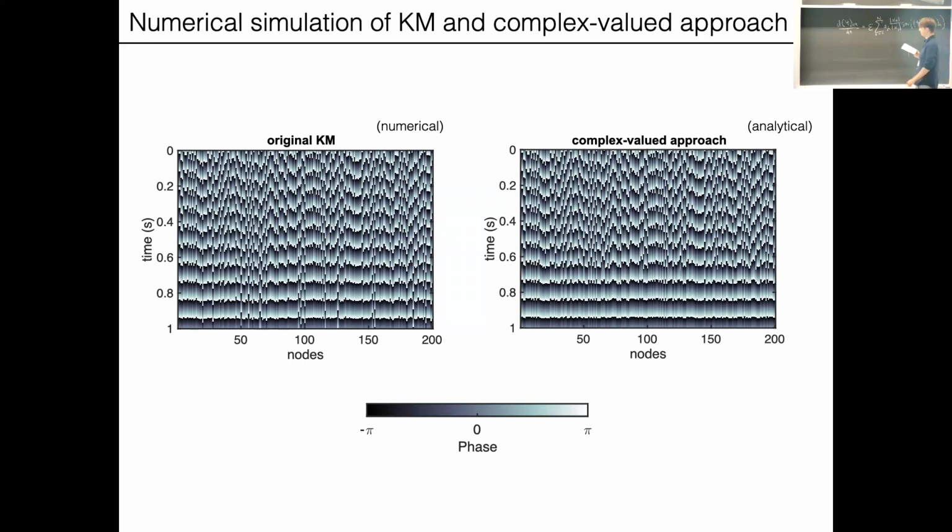So now, again, the real part of psi is what corresponds to the thetas in the original Kuramoto model. And here we can see that this differential equation corresponds almost precisely to the original Kuramoto equation, differing only by the term here that has to do with the ratio of amplitudes of the x's.